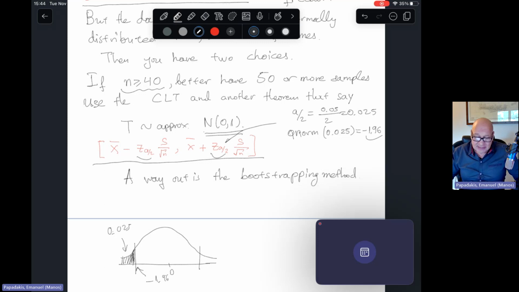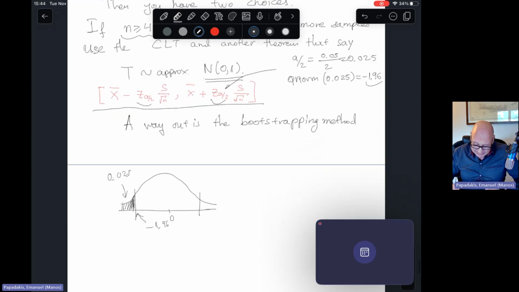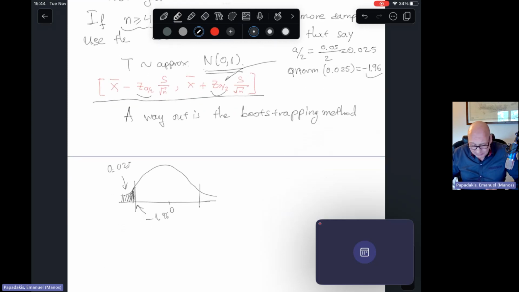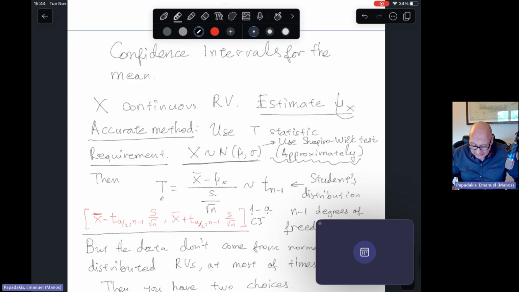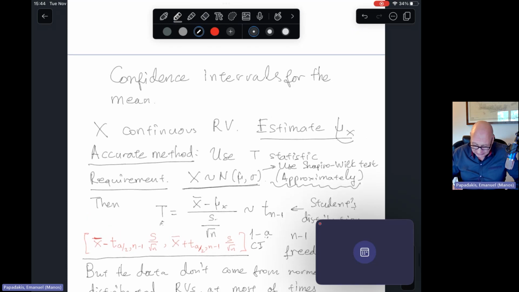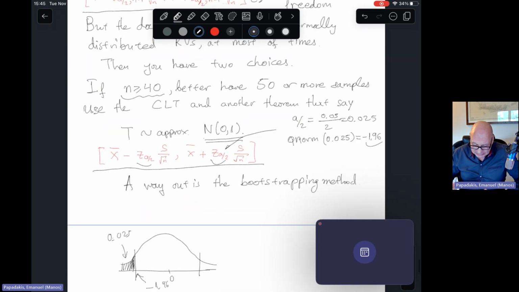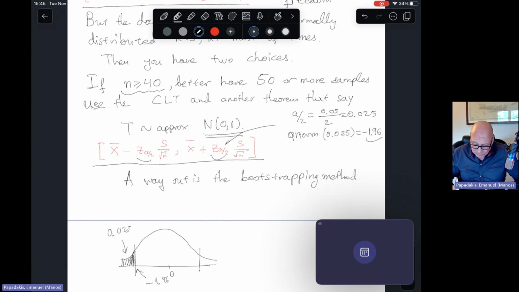Now, if the data are 50 or 40, that can be a decent estimate, but may not be the best estimate. So in these cases, when you have to break away from that accurate assumption, I would also recommend the bootstrapping method to calculate the confidence interval, and I'm going to show you the bootstrapping method right away.